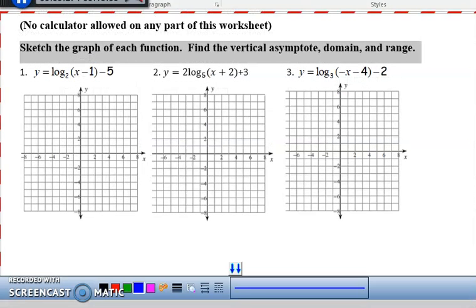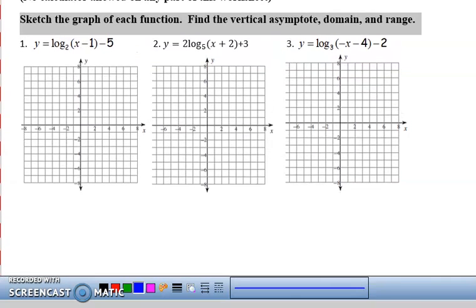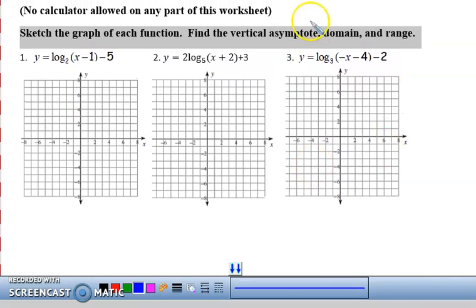On number 3, start with the parent function, which in this case is going to be the log with the base and the x part without the negative on there. So log base 3 of x is going to be our parent function. If you remember, we'll take out this negative here to be able to see the different transformations.